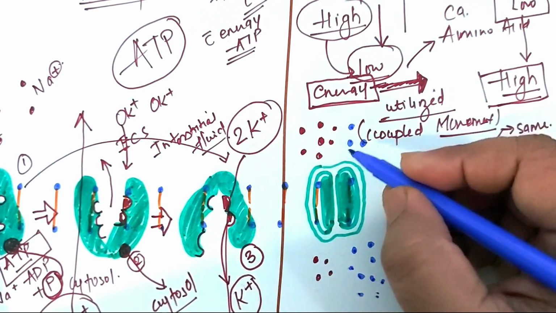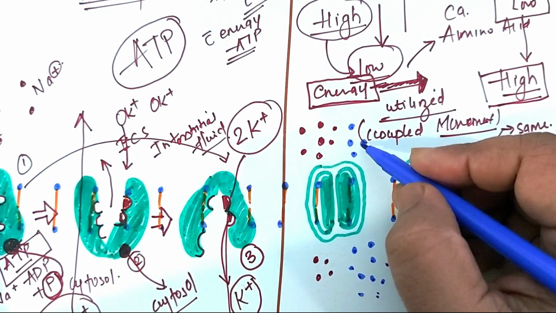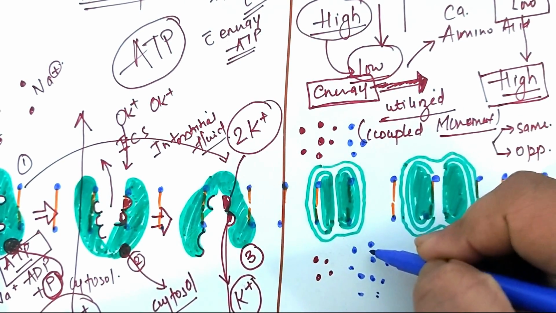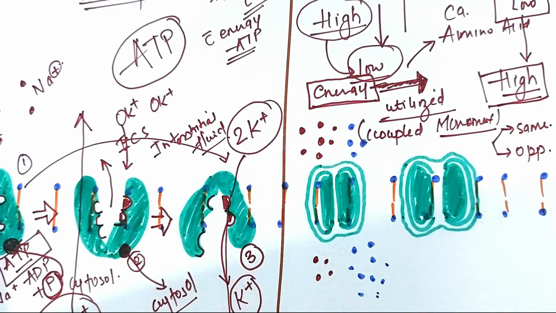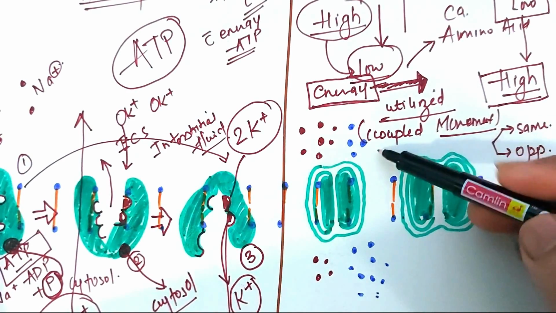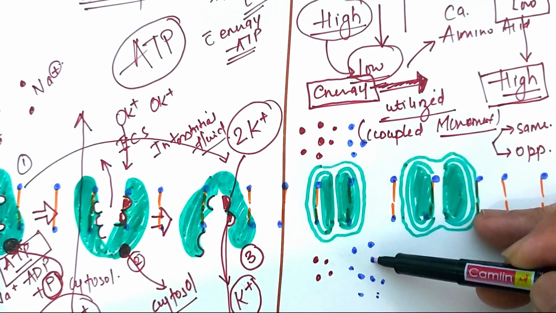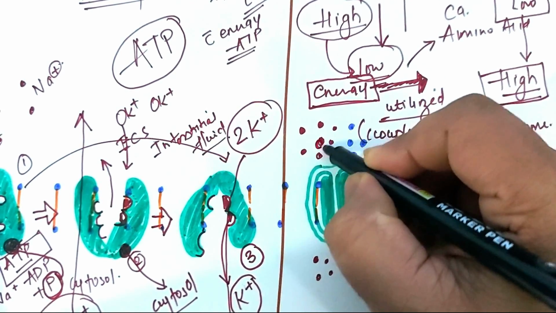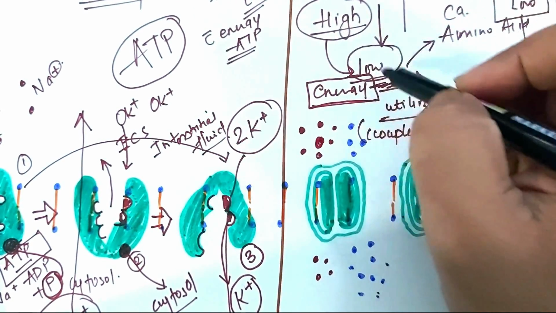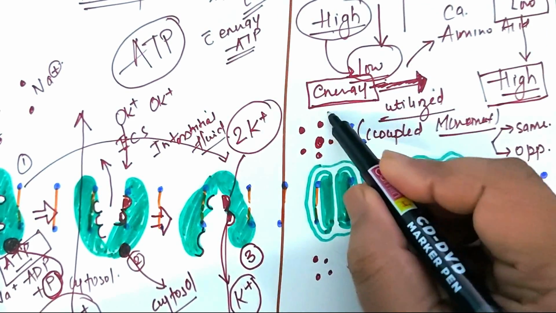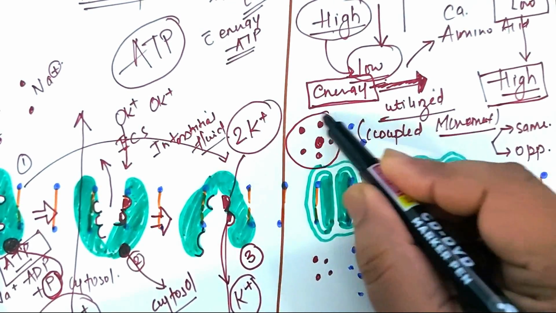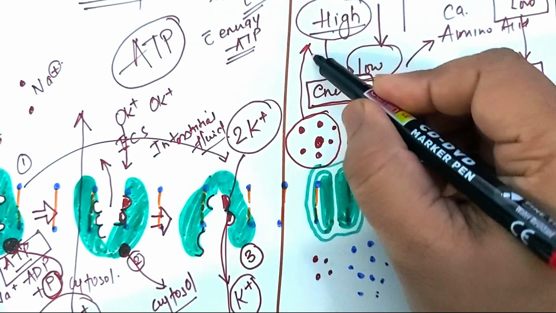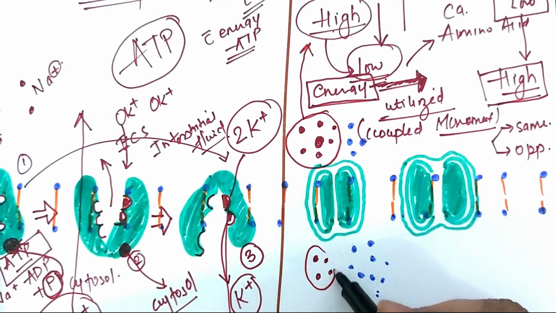Now active transport is always from low to high concentration, but the energy to move from low to high concentration is provided by the molecules which are moving from high to low. So this is the high sodium concentration and this is the low sodium concentration.